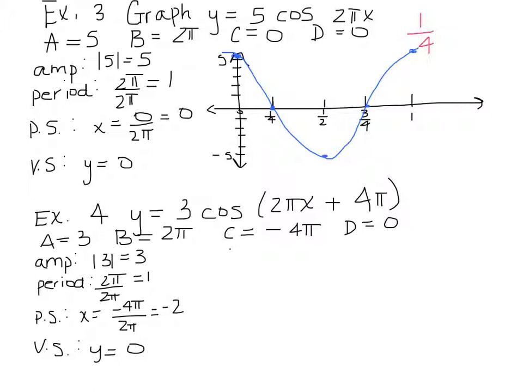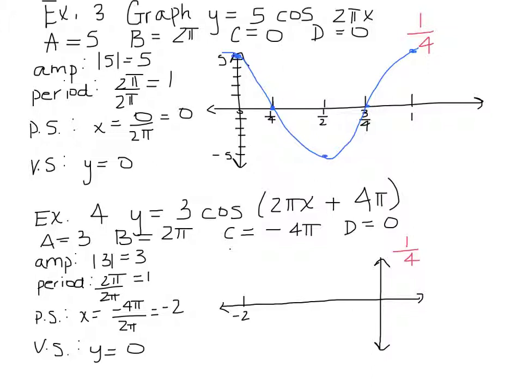To get your tick marks, you're going to take your period and divide it by 4. Since we're starting at negative 2, and we're only adding a fourth each time, I'm going to start my graph to the left of my y-axis.